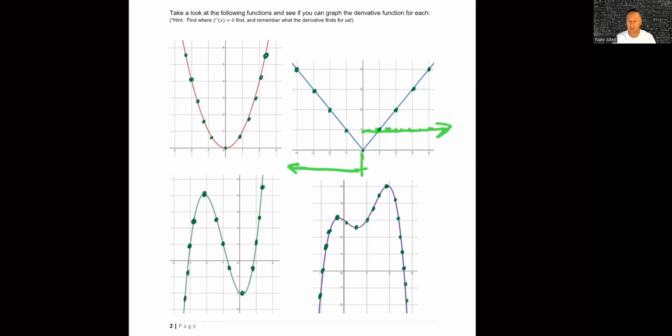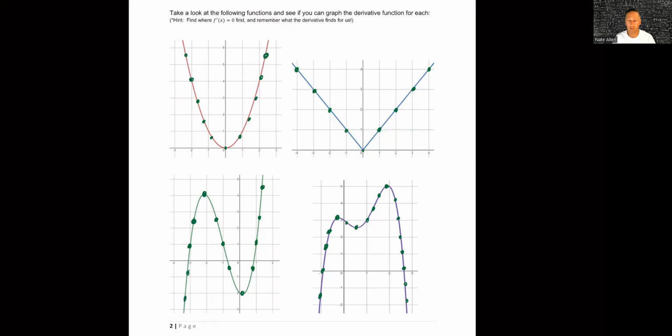But what about at 0? Well, remember, the derivative is a limit. And remember, for limits, it had to approach the same y value about that x. And since we're looking at an x of 0, and it looks like it's approaching +1 on the right, -1 on the left, then that means that the limit, and therefore the derivative, does not exist.